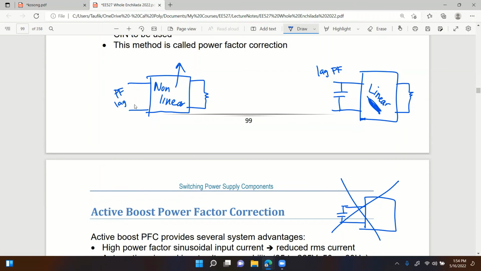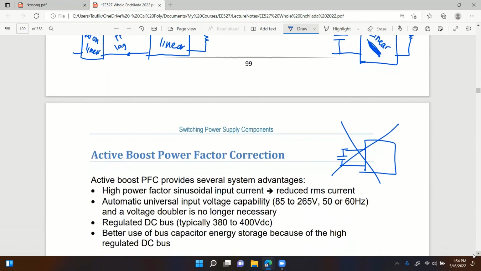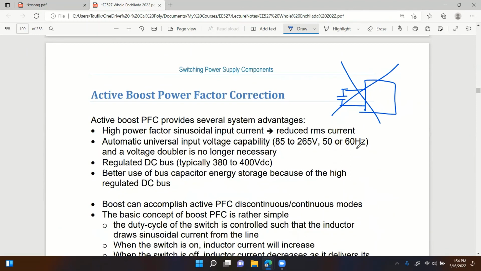So lagging, not good. Let's introduce a switching circuit, which is another nonlinear circuit. This is switching, this is also switching. So switching creates the problem, but now switching also solves the problem. Is that cool? Cool. It comes full circle.